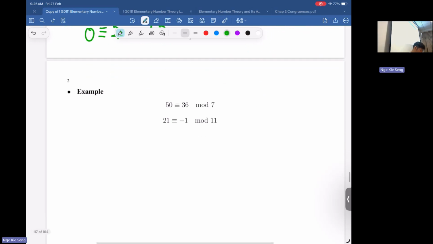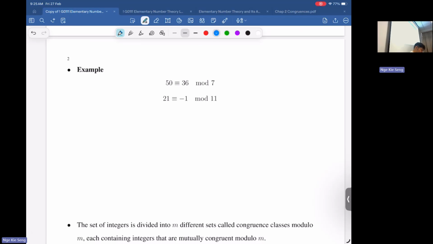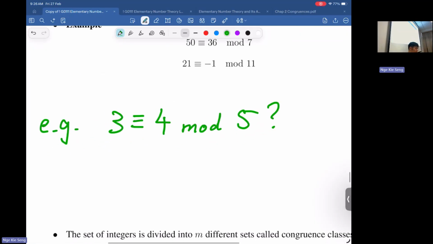So there's another example here. Maybe one more. Let's see whether 3 is equivalent to 4 mod 5. Is this true? No? Okay, why?